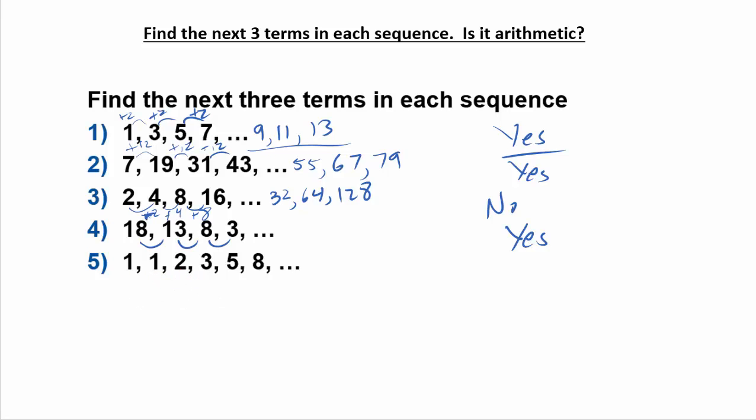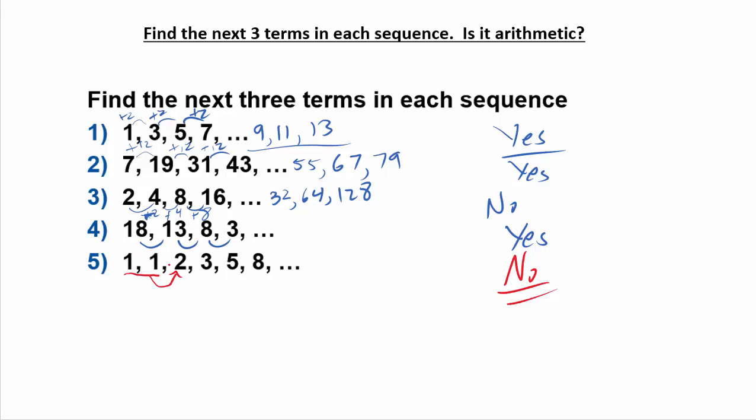If you want to pause the video here and try to find the next 3 terms in the sequence, this is not an arithmetic sequence, but I'll let you see if you can find the pattern. Okay, if you took a second to pause the video and find it, the way we look at the Fibonacci sequence is if we add the previous 2 terms in the sequence, we get the next term.